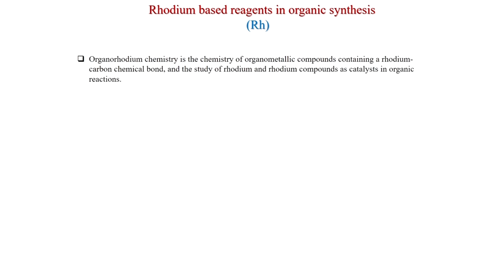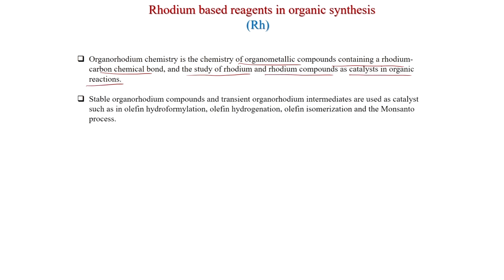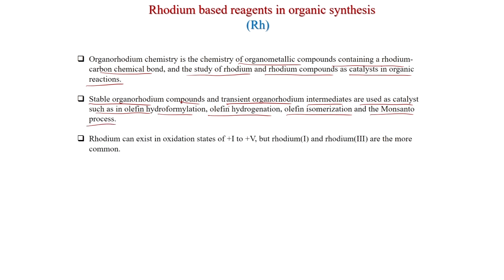So, organorhodium chemistry is the chemistry of organometallic compounds containing a rhodium carbon chemical bond, and the study of rhodium and rhodium compounds as catalysts in organic reactions. Stable organorhodium compounds and transient organorhodium intermediates are used as catalysts in olefin hydroformylation, olefin hydrogenation, olefin isomerization, and the Monsanto process.